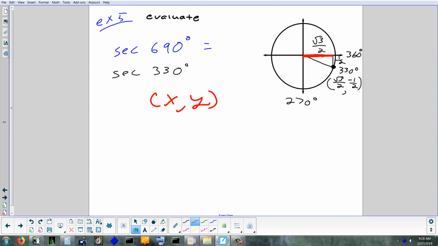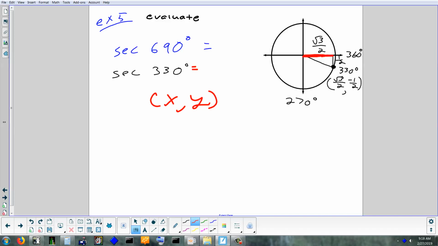Bigger number goes with bigger side. Okay, so secant. How do you get the secant? What's the steps for that? Yep, Aaron. It's 1 over x. So you take the x value and you flip it.